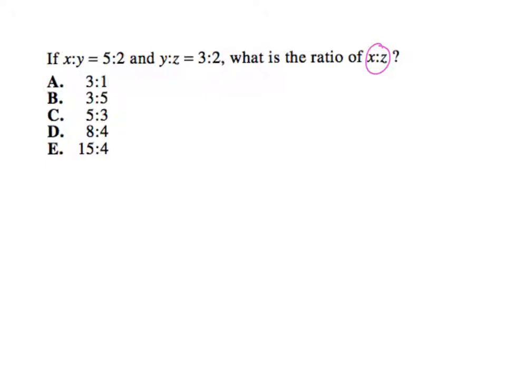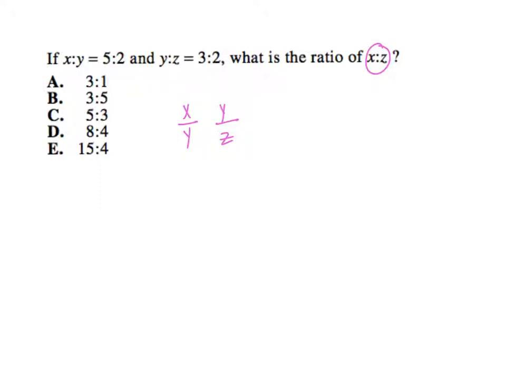So what I'm going to do is take what I am given, so these two pieces of information. When I take x and y and put it like this as a fraction, that kind of helps me out. And I am going to put it next to y and z.